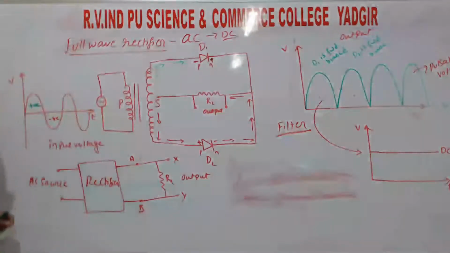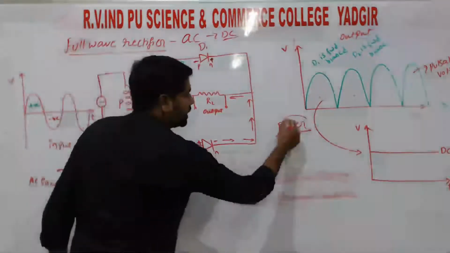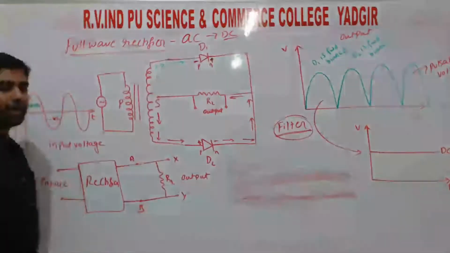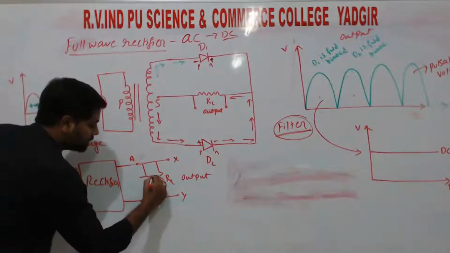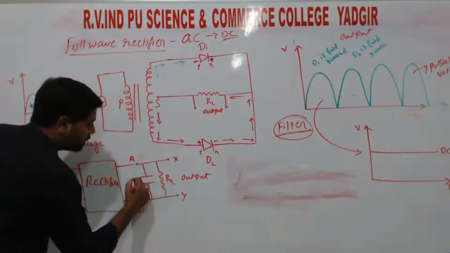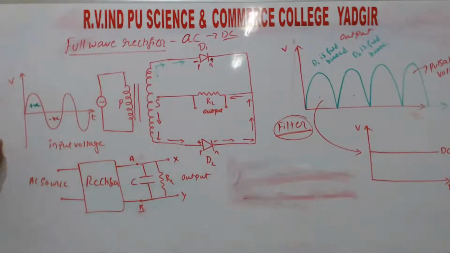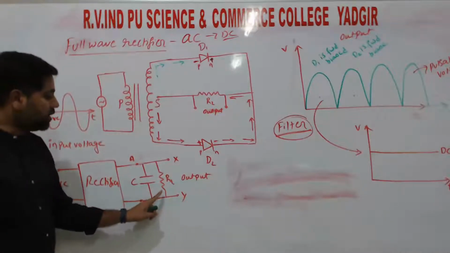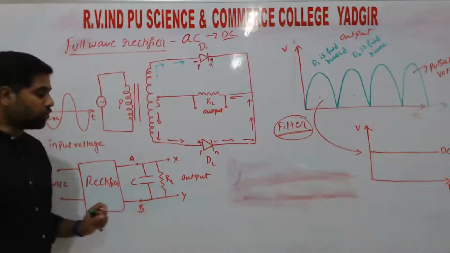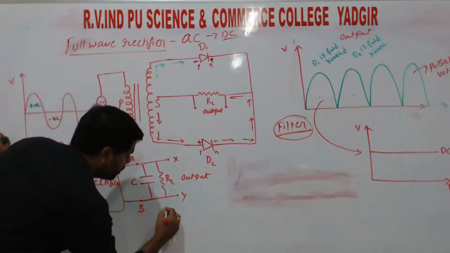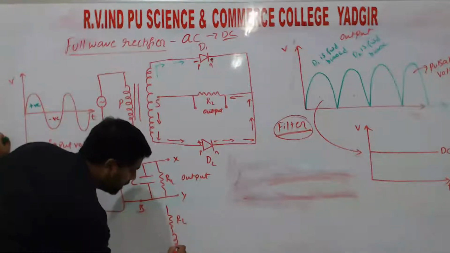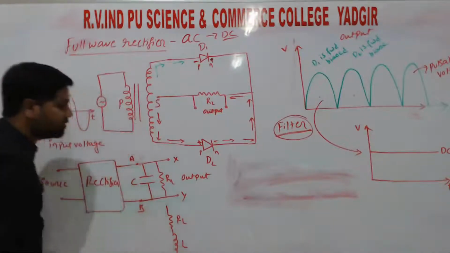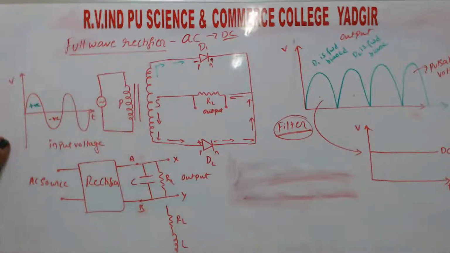So for that we use the filter, right? Filter is nothing but connecting a capacitor in parallel to the load resistance, right? So this is the capacitor having capacitance C, which is connected in parallel with the load resistance, or we can connect an inductor of inductance L in series with the load resistance.